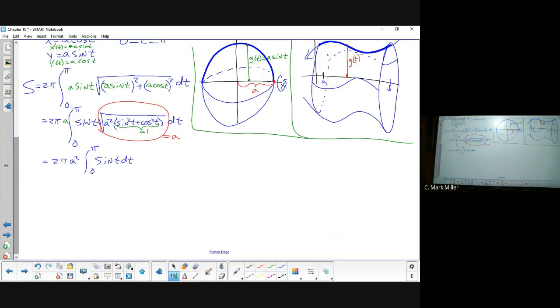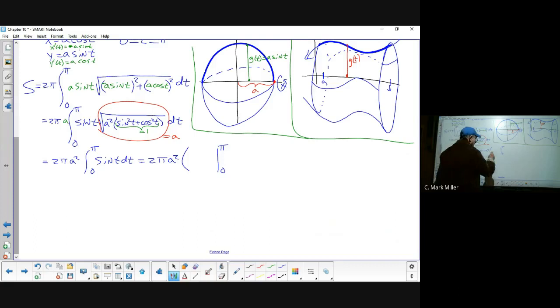Pop quiz: antiderivative of sine. The derivative of what is sine? You're tempted to say cosine, but the derivative of cosine is negative sine.